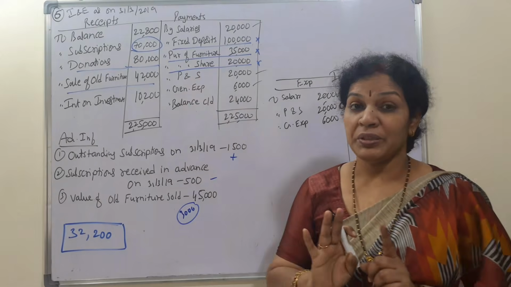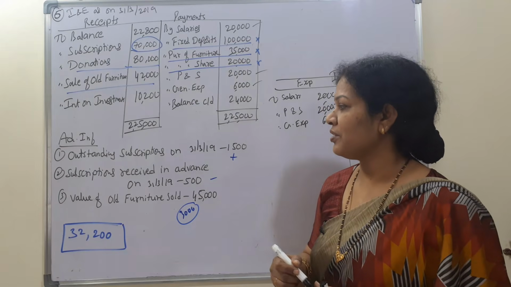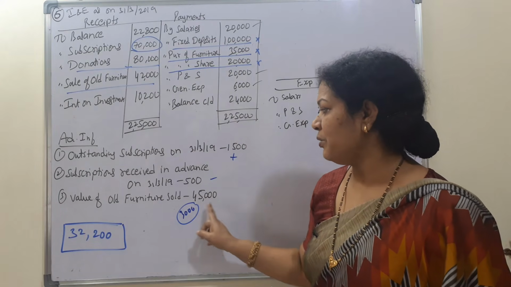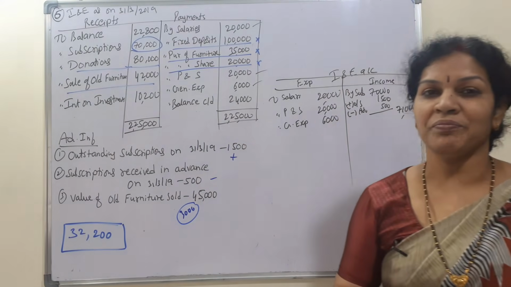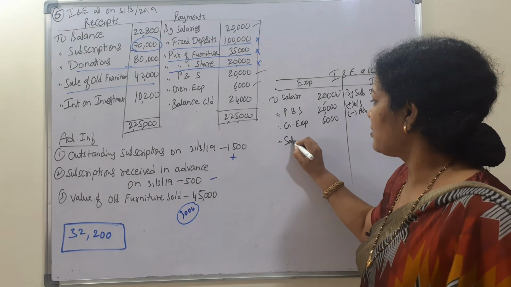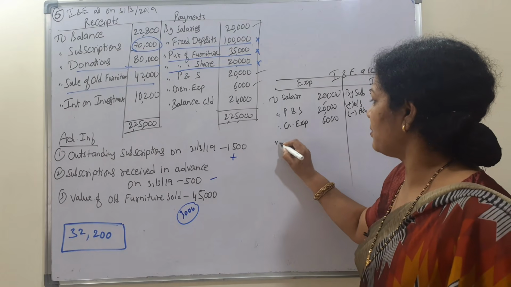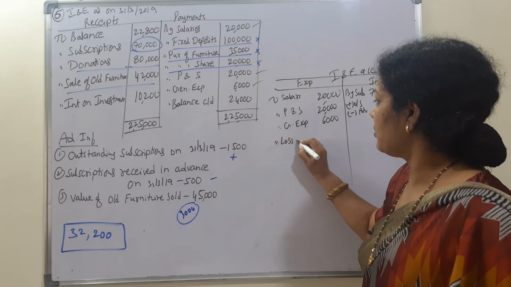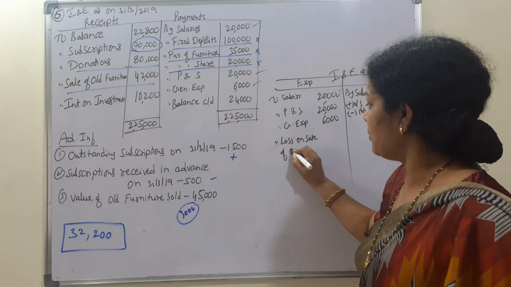Donations anyway are to be capitalized, so we are not going to touch them. Sale of old furniture: the value is 45,000 and it is sold for 42,000. The 3,000 loss will be on the debit side, loss on sale of old furniture.